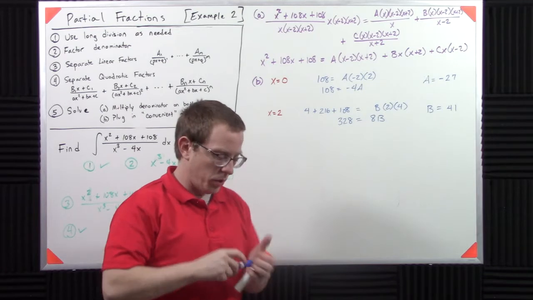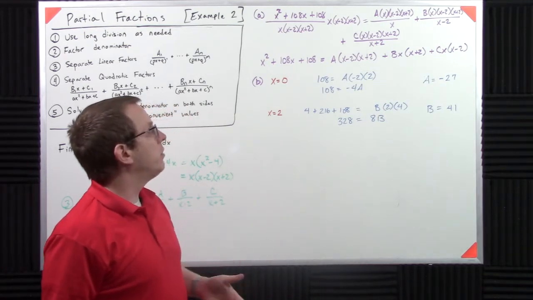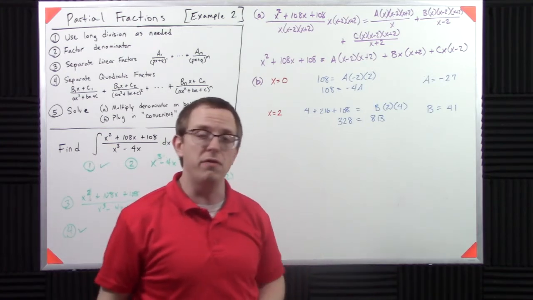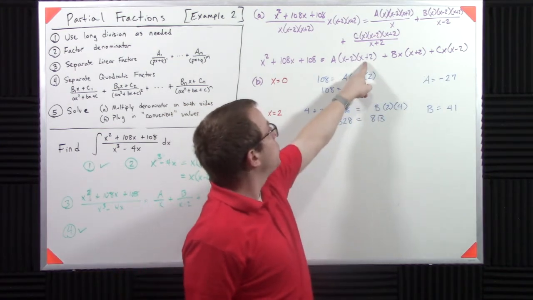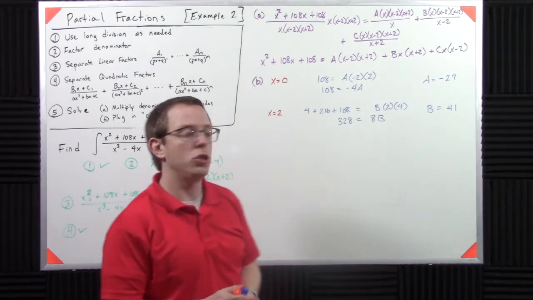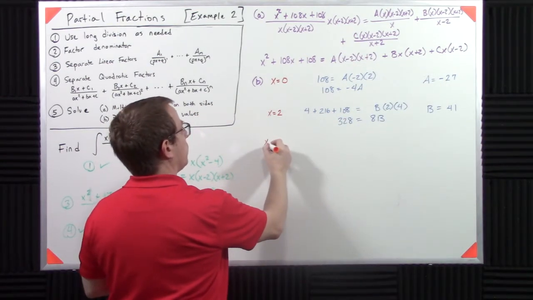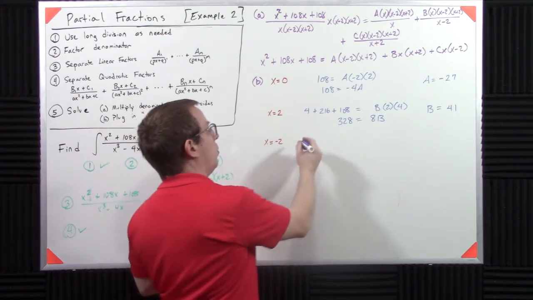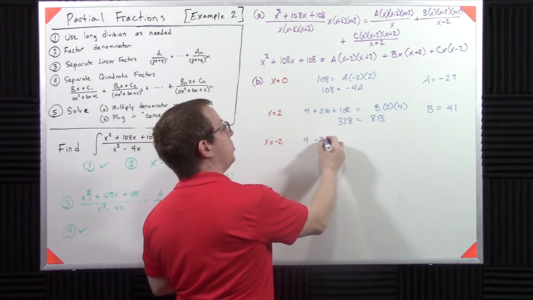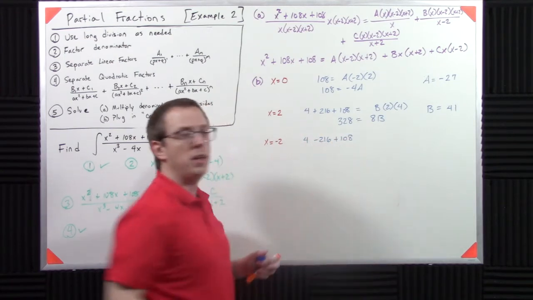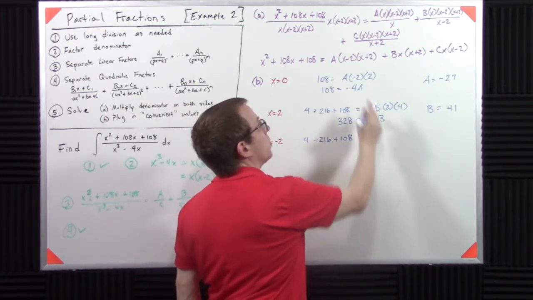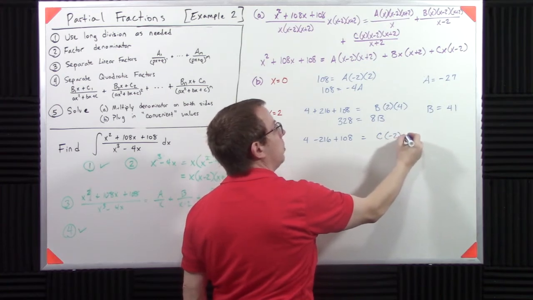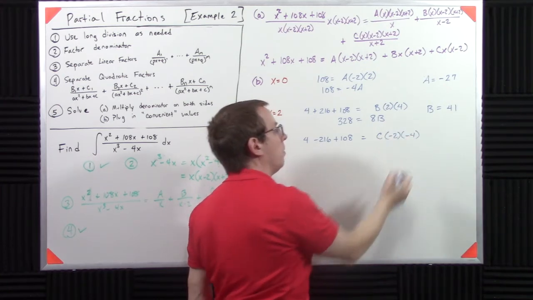So the next thing, now that I've got A and B, is to pick something that makes A and B both vanish but doesn't make C vanish. If I pick negative 2, those will vanish, so I'm going to pick x equals negative 2. In doing that, I get 4 minus 16 plus 108 equals C times negative 2 times negative 4.